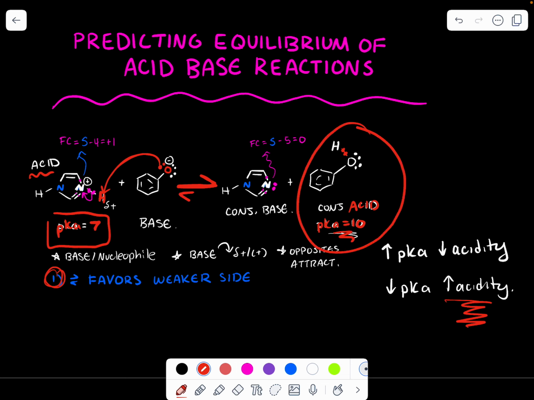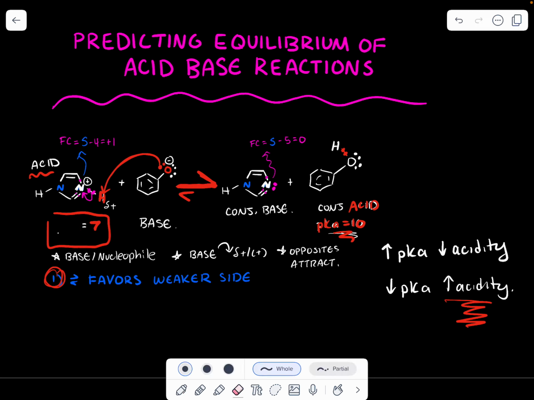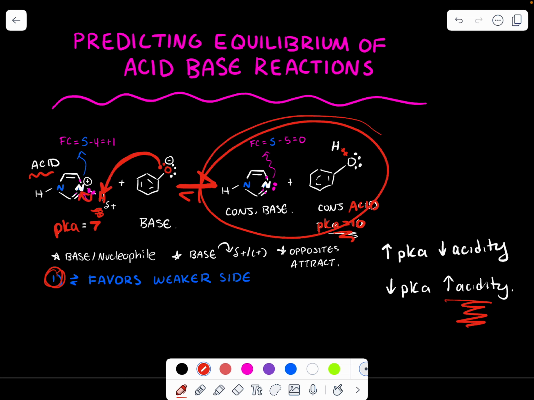This acid is weaker, hence it's going to favor this side, and that is solely because this hydrogen is very acidic, so it wants to leave. Therefore, this guy's constantly going to be attacking it, 2 in, 2 out, and it is going to reside as these two molecules in the solution.